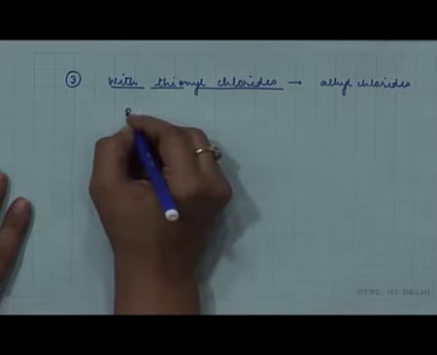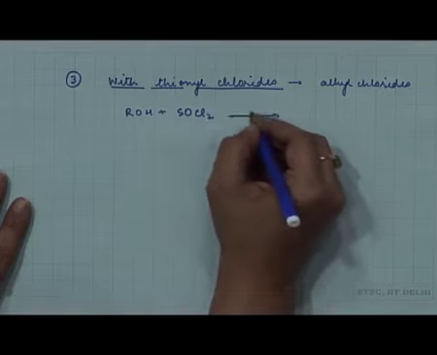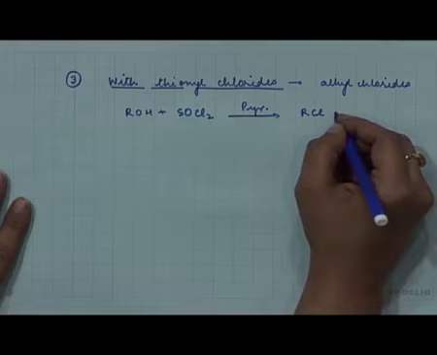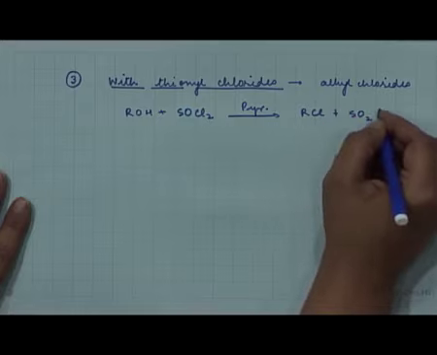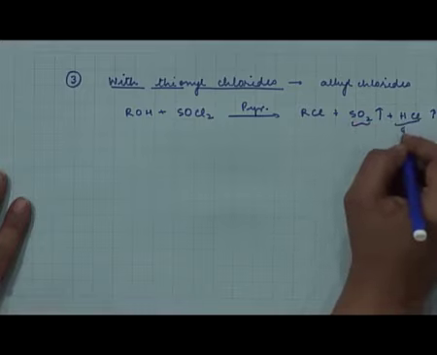Okay. You start with the alcohol, treat it with thionyl chloride in the presence of pyridine, you get the corresponding alkyl halide with the evolution of sulfur dioxide and HCl, both of which are gases.